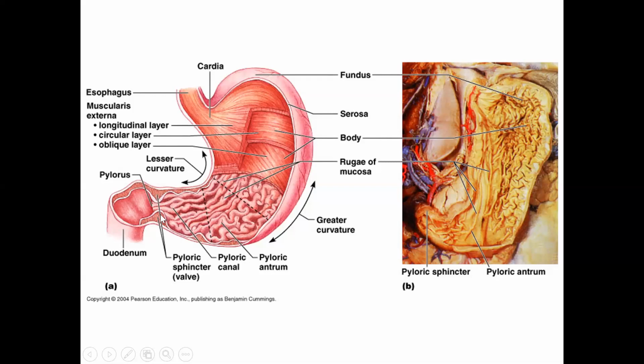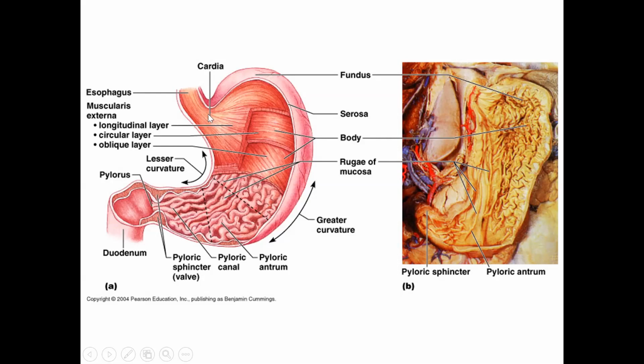It's much, much stronger than the one between the esophagus and stomach, so you can control very well how much stuff you release to the duodenum. But this other sphincter is kind of weak. You can just call it the esophageal stomach sphincter.